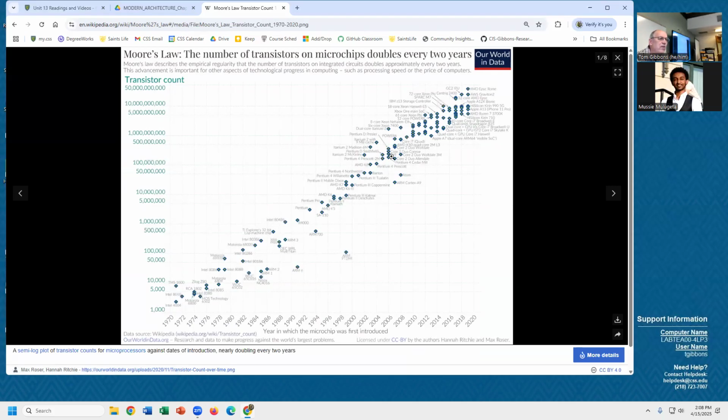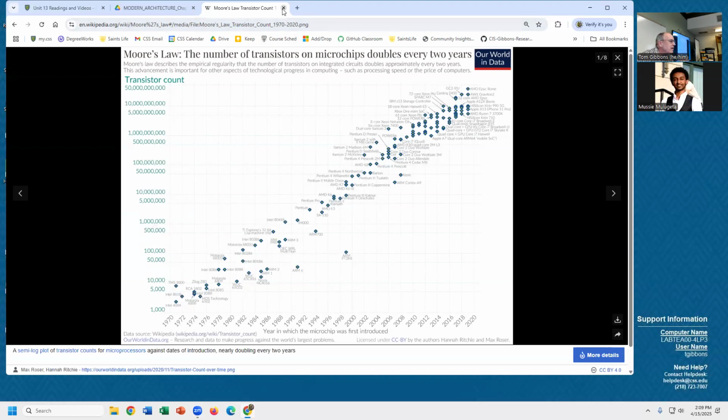It shows a straight line, but this is actually exponential growth, because you notice we start with 1,000, 10,000, 100,000, 1,000,000, 10 million, 100 million. Every time we step up, it's 10 times bigger than the previous one. That makes it a log graph. So we see this growth of doubling every few years.